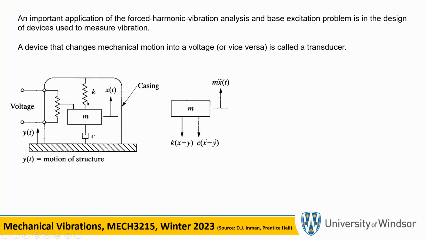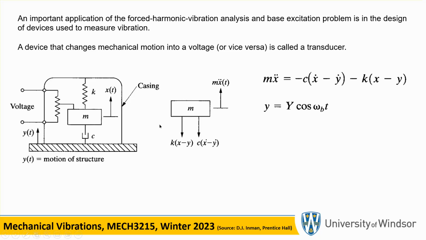Now, inside of that casing there is a mass, an inertial mass, and there is some kind of a spring and a damper. So as the base vibrates, this mass also will be vibrating up and down. And based on the relative motion of the mass with respect to that base, a voltage is being produced.